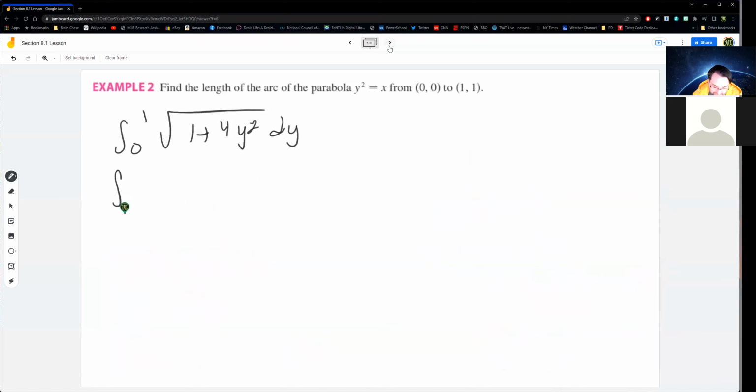So we have 0 to a, and that's just so I don't have to write the arctangent of 2 up there. So this whole part becomes just secant theta. And then my dy was 1/2 secant squared theta d theta.